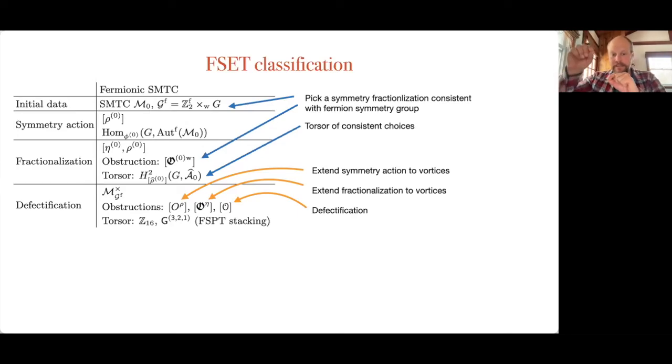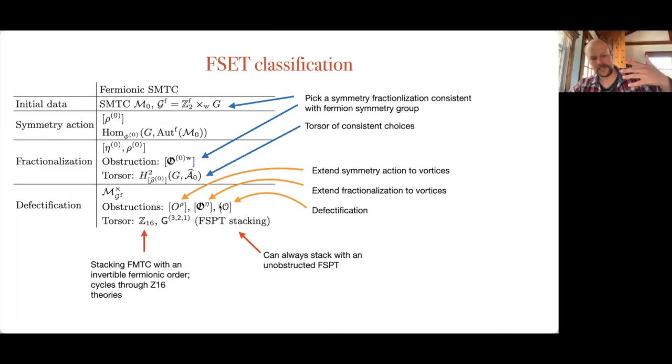The second is the obstruction of lifting your symmetry fractionalization from your quasi-particles to the vortices. And the third one is the obstruction to there existing a consistent diagrammatic calculus of all the excitations. That's this H4 obstruction that I briefly mentioned on the previous slides.